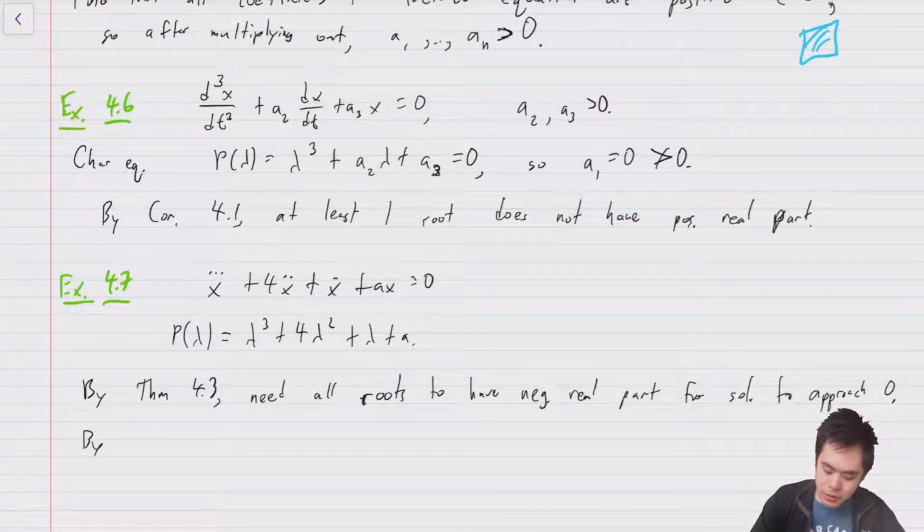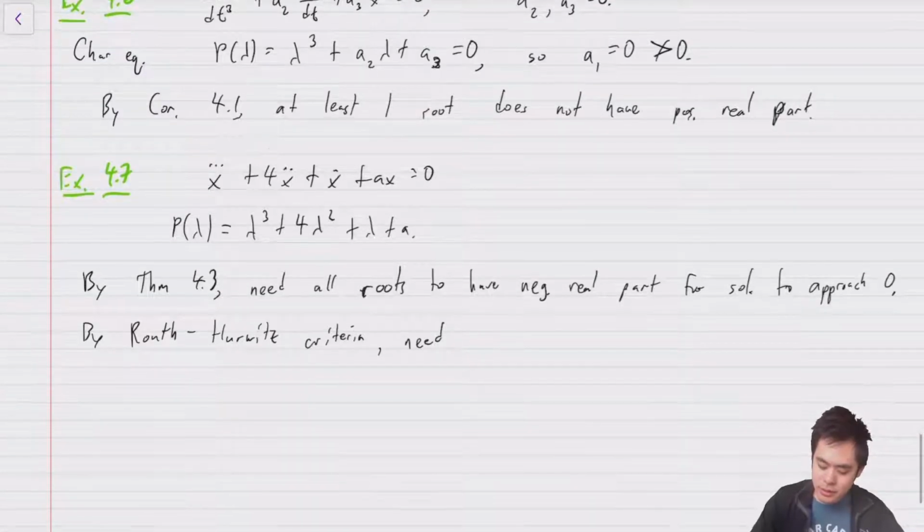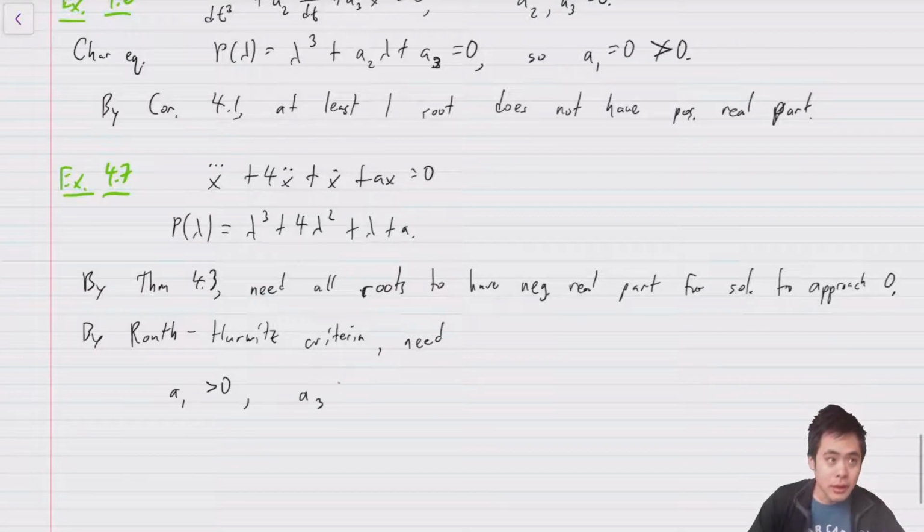Let's try applying the Routh-Hurwitz criteria. What we need is A1 greater than 0, A3 greater than 0, and A1 A2 greater than A3.